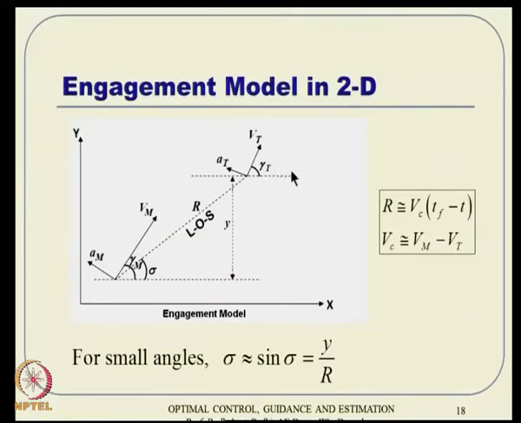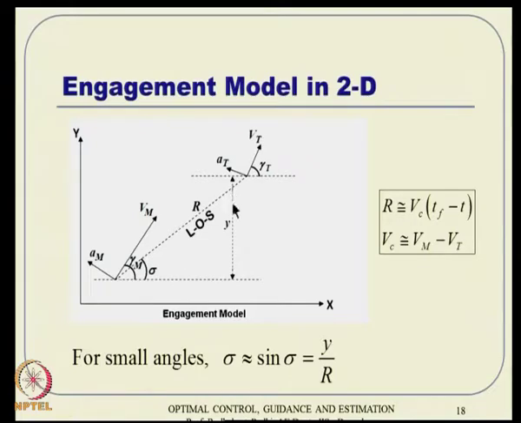Now, if you talk about engagement models in 2D, you can put an inertial axis frame, with the reference line parallel to the x axis and the other perpendicular to that. Then you have sigma, which is approximately sin sigma, provided sigma is not high.